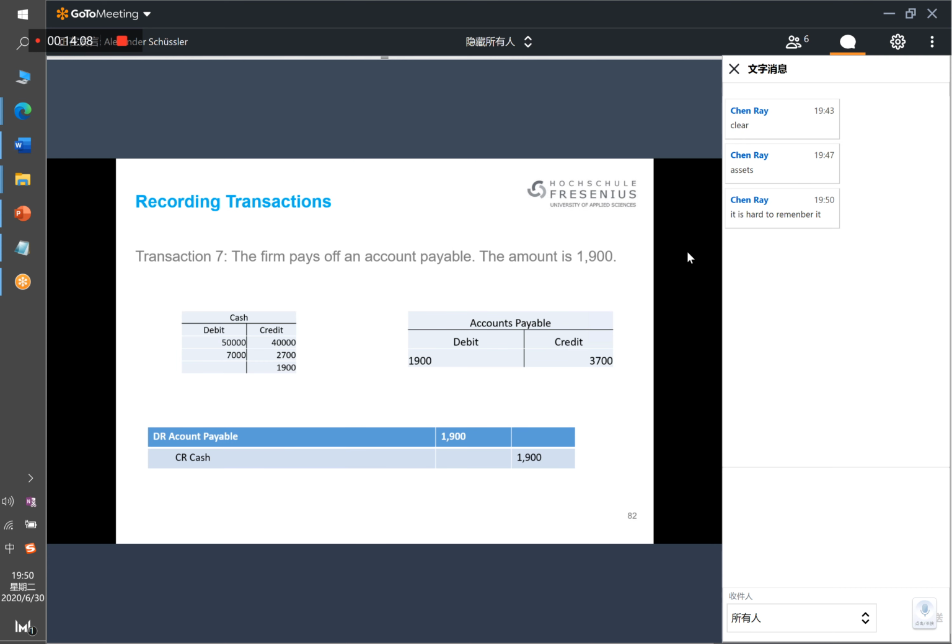Transaction 7, the firm pays off an account payable. The amount is 1,900. So you debit accounts payable.